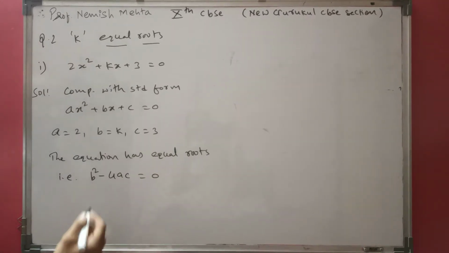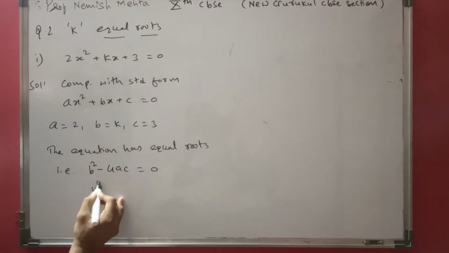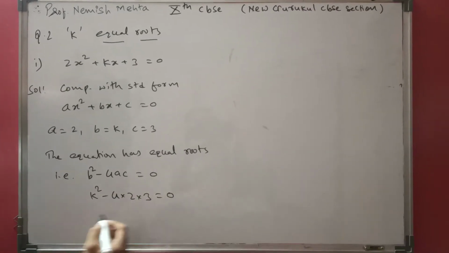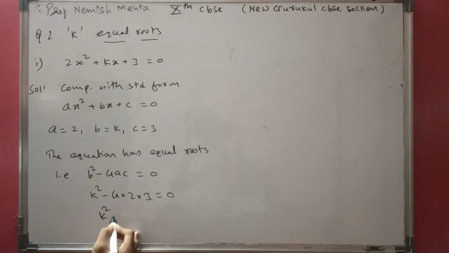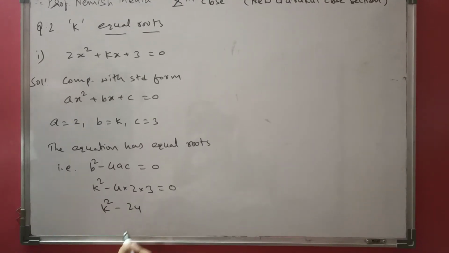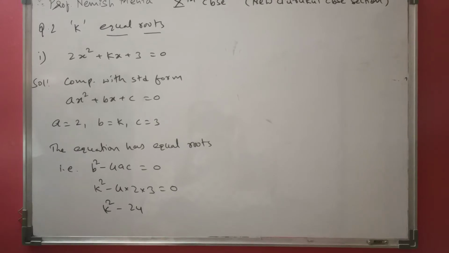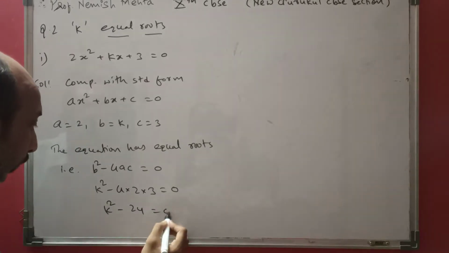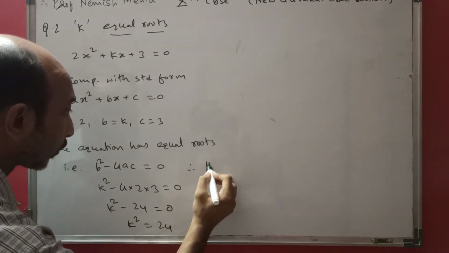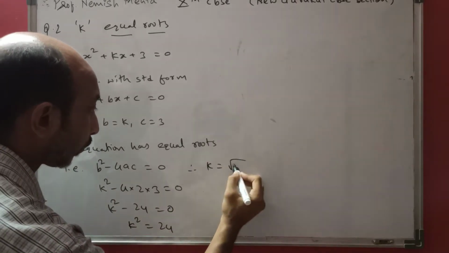b square minus 4ac, b is k, minus 4 into a is 2 into c is 3 equals to 0. So k square, 4 2s are 8, 8 3s are 24 is equal to 0. So k square is equal to 24. So k is equal to under root of 24.